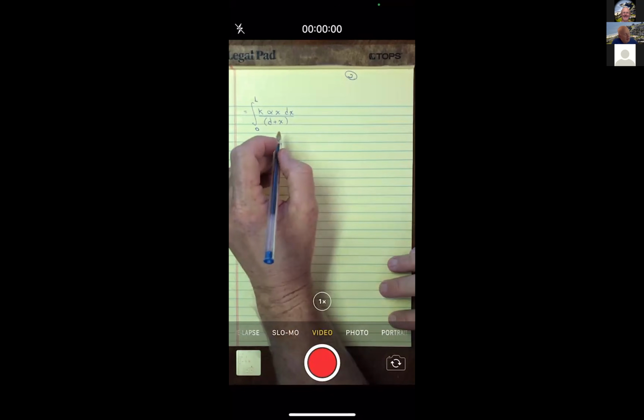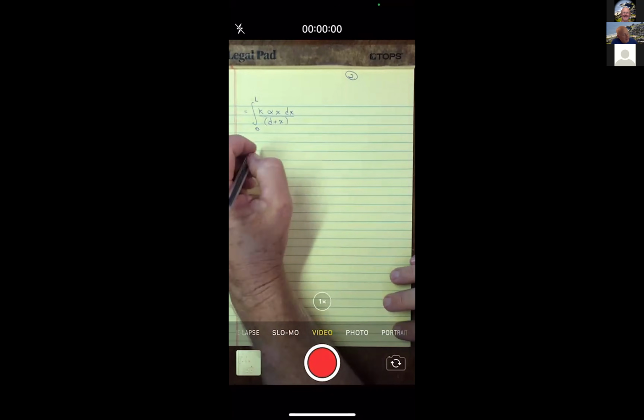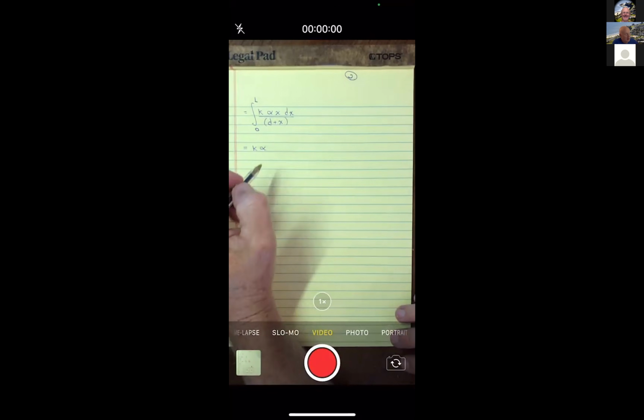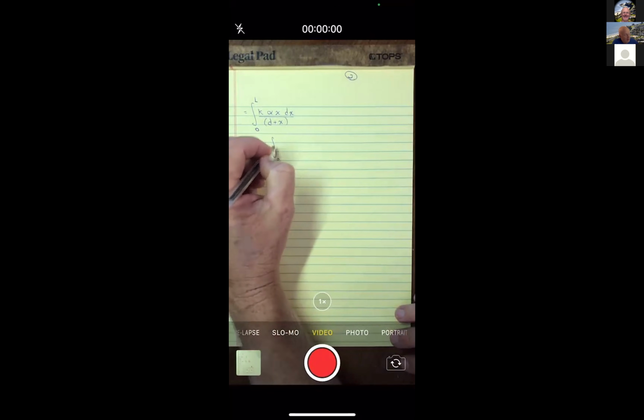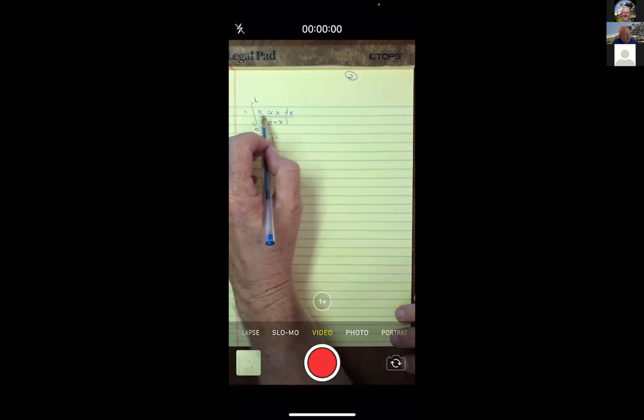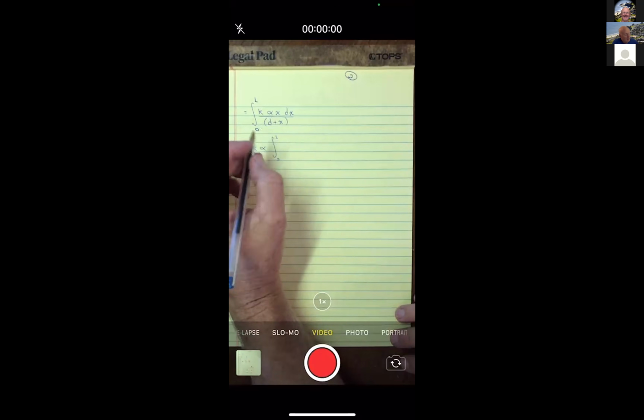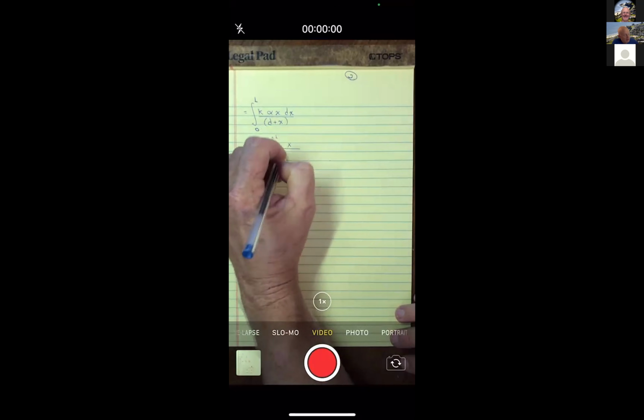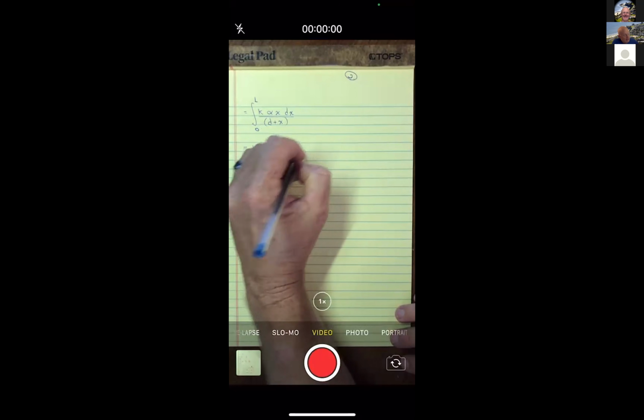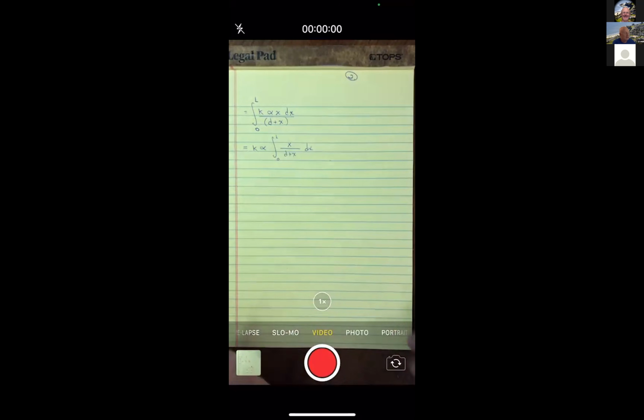So as I go to solve my calculus, I guess the first thing I do is take notice of things that are a constant and pull them out in front of the integral. So the k and the lambda are a constant. And so I've got x over d plus x dx.